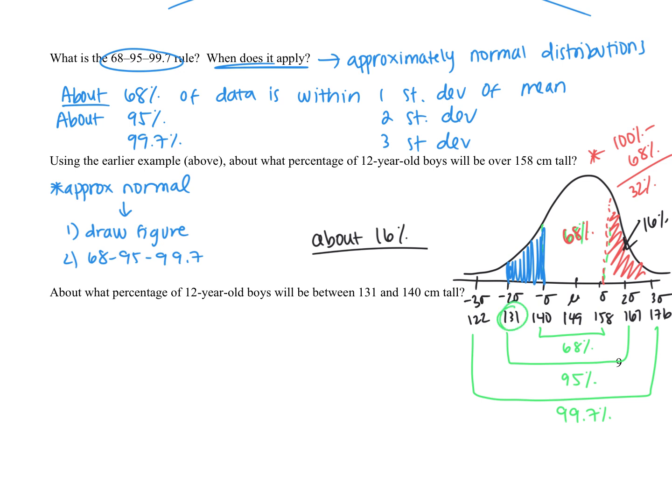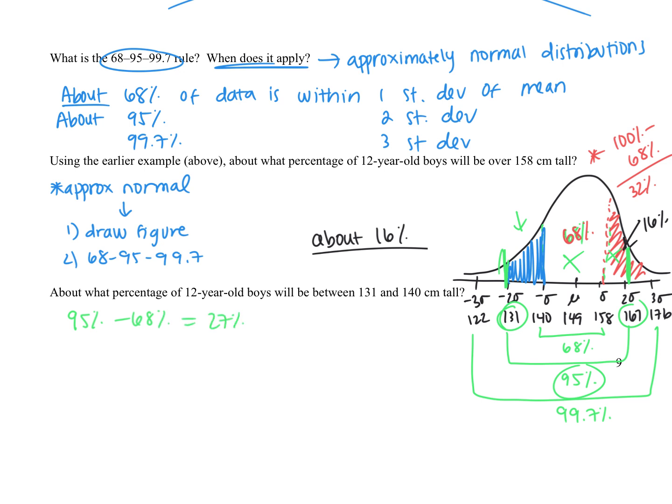So between this 131 and this 167, in this area right here, we have 95% of the data. So what I need then is only this part, which means I don't care about this part and I don't care about this part. Okay, so what I'm going to do is take that 95% and subtract 68%, and that gives me 27%.